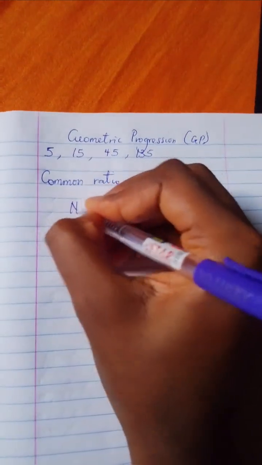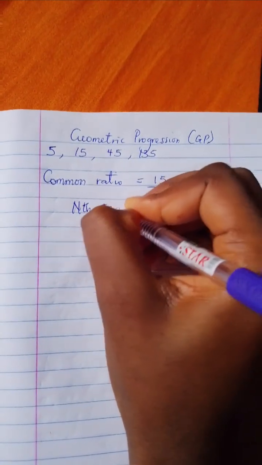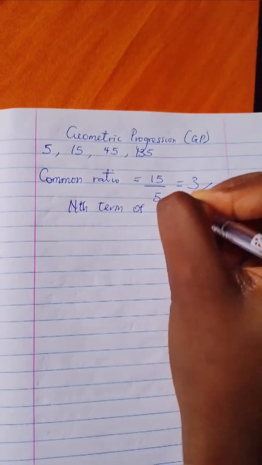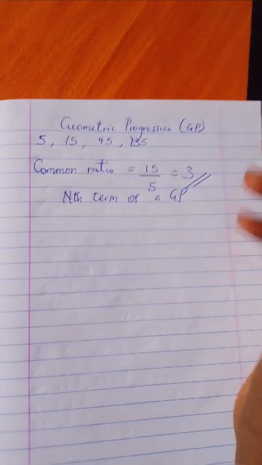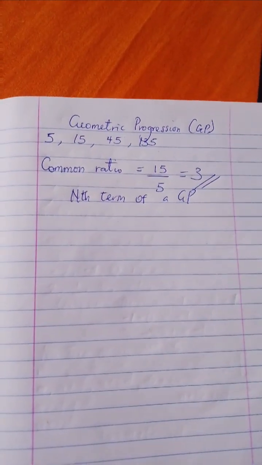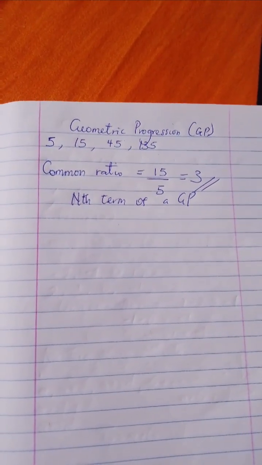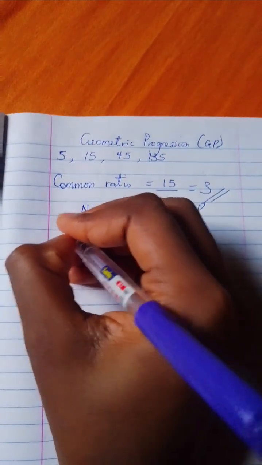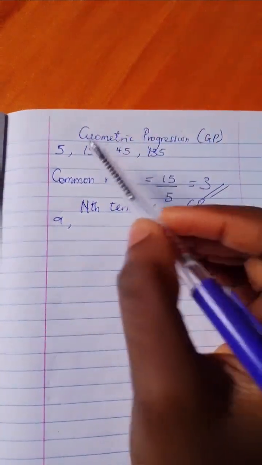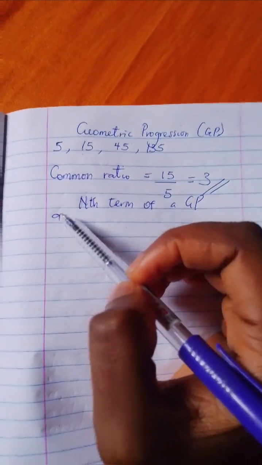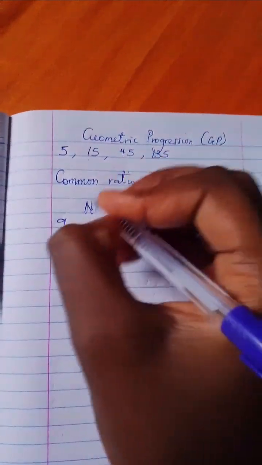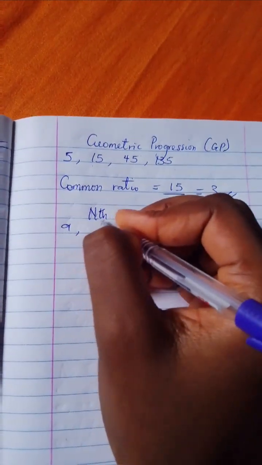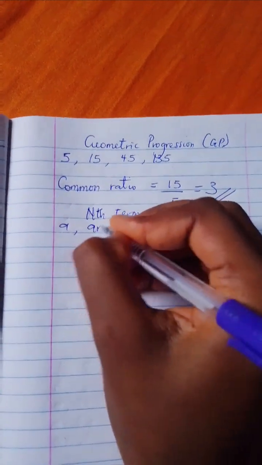Now, to find the nth term of a GP, that is a geometric progression, I'm going to explain it step by step. The first term here is already our A. The second term is gotten by multiplying A by the common ratio, which is AR.